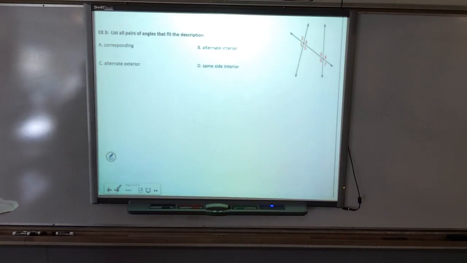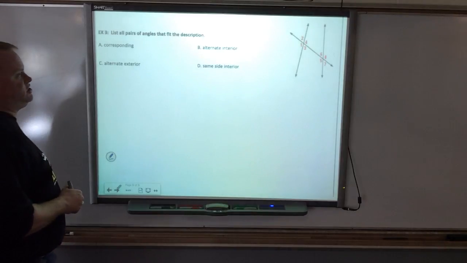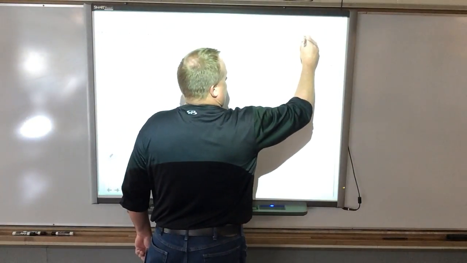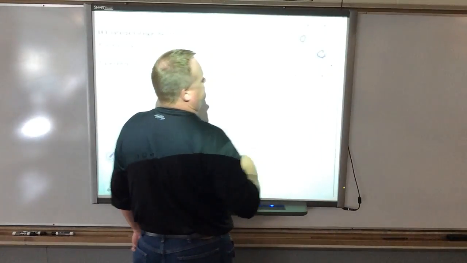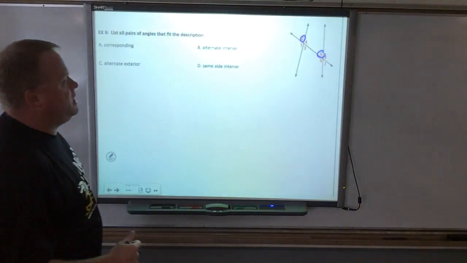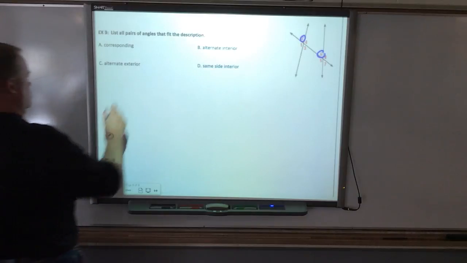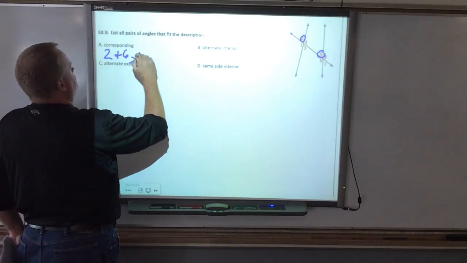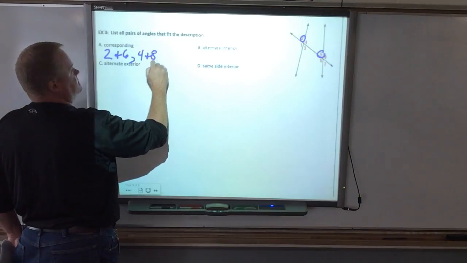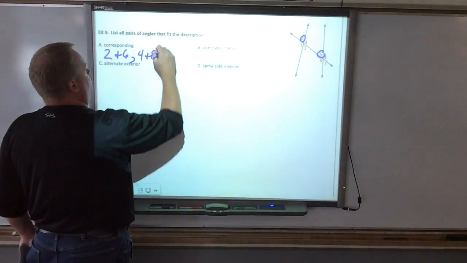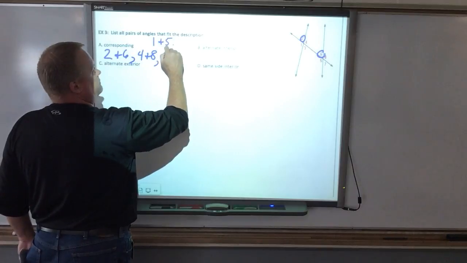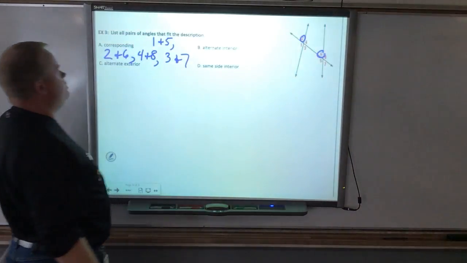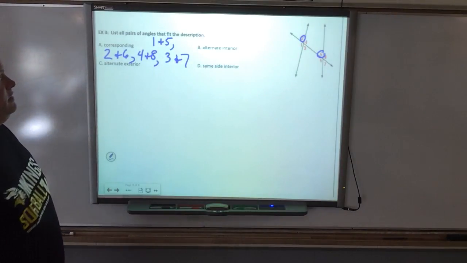Corresponding angles are on the same side of the transversal, in the same position for both lines. So looking at this, my corresponding angles are going to be 2 and 6, 4 and 8, 1 and 5, 3 and 7.